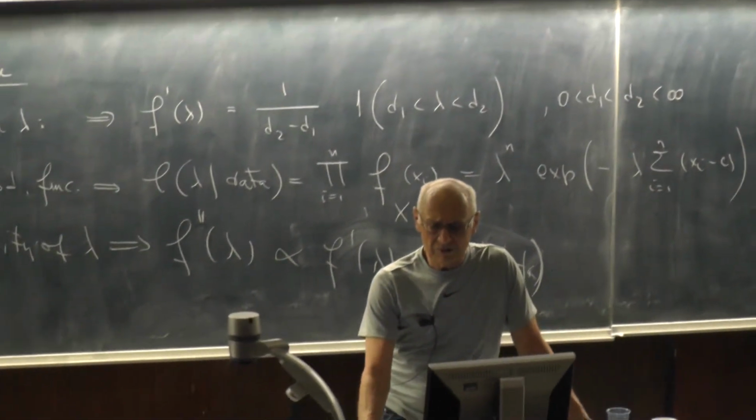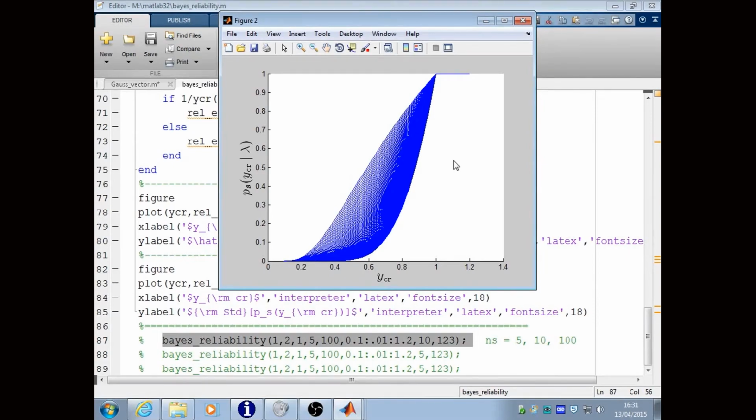You see here a bunch of lines for different values of lambda in the range D1, D2. For each lambda you get a different curve. So there is quite a variation, which is reflected also in the posterior density, because the posterior density is weighting these curves by different probabilities.